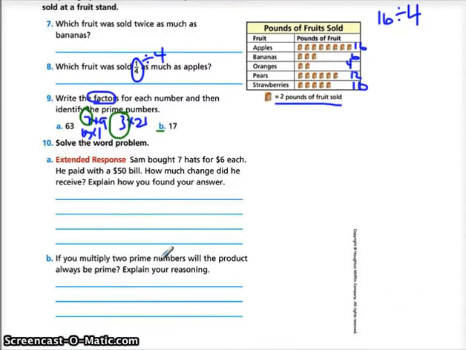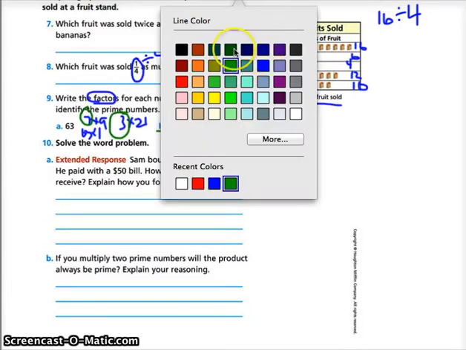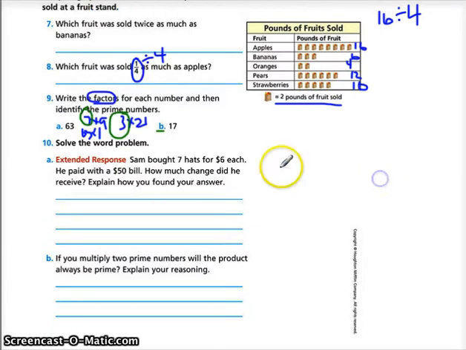All right, 10A wants us to solve, and actually it looks like we have a letter C that's in here, not on my screen, but it's on your sheet of paper.